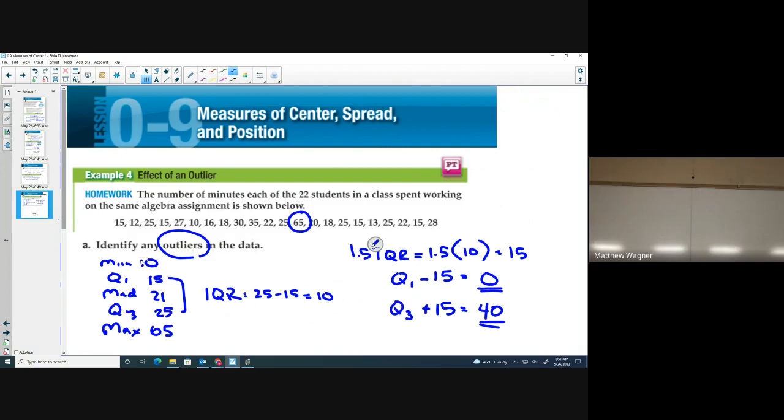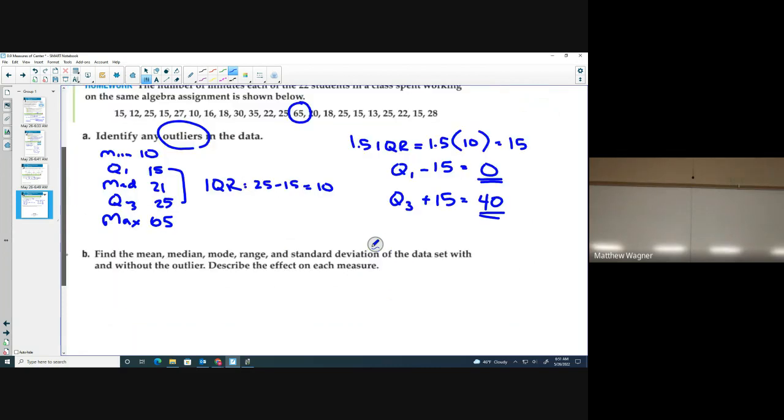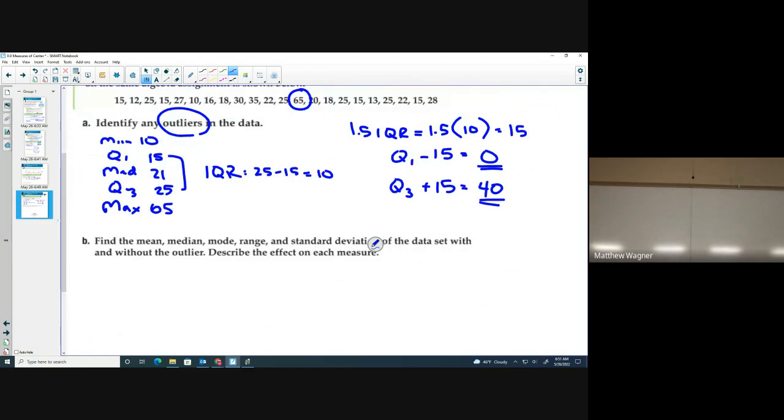So you can see the impact of an outlier. If you want, on this next part, you can run your calculations with these, but to shorten things up, we can understand what's going to happen normally. If we have all of our information and then we have something way out here, our mean is going to be skewed this way because of this outlier.